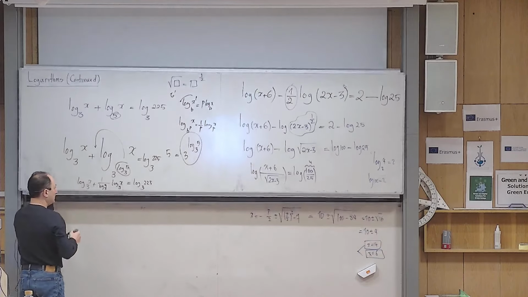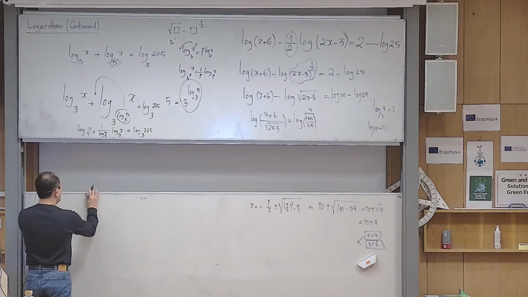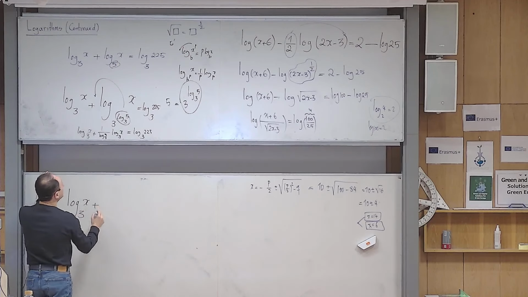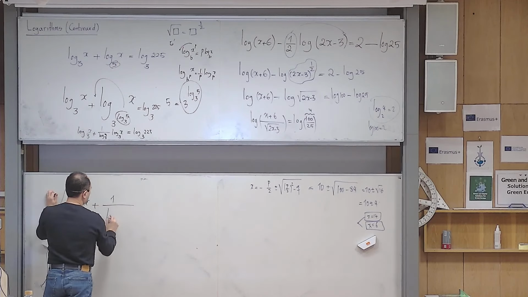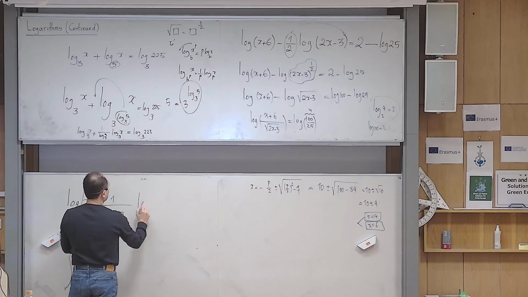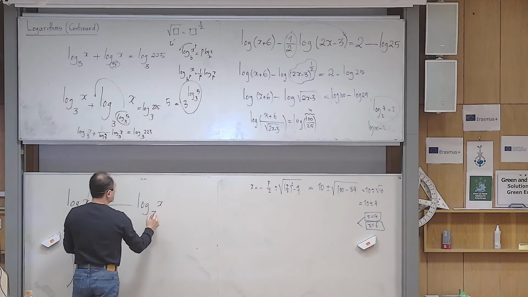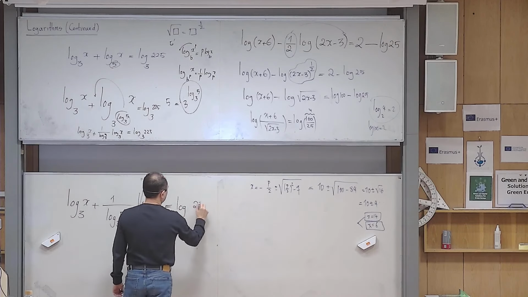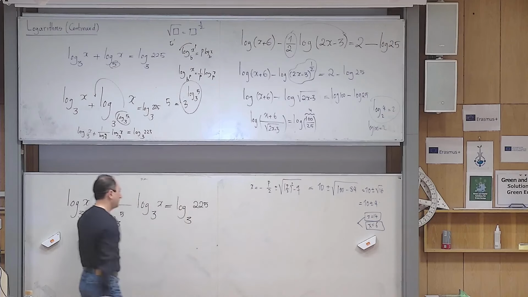If you want, I can write it a little bit more clear so that you can concentrate to see what happens. Now we have this scenario. We have this scenario.